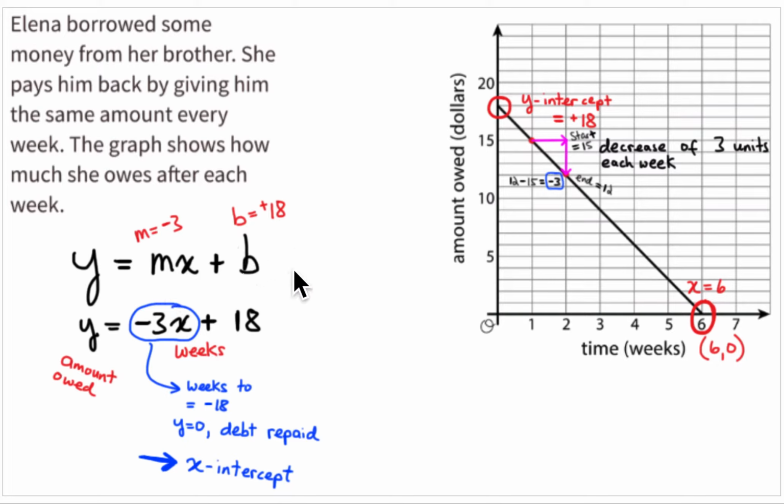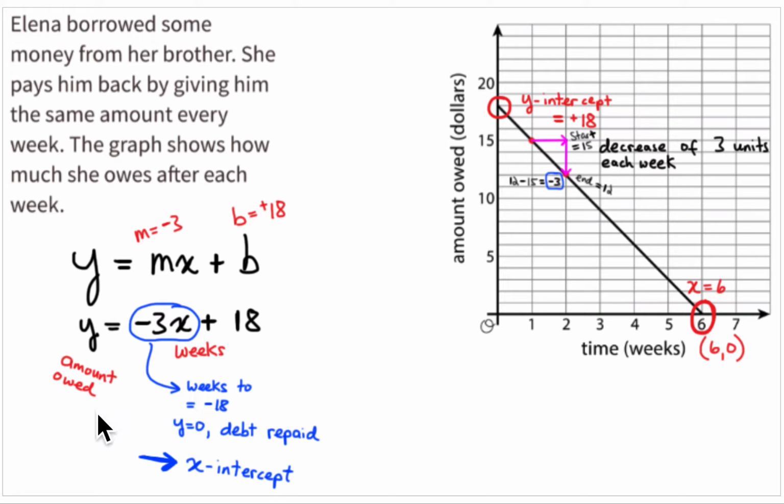And where does it begin? Where does it cross the y-axis? It crosses the y-axis at a positive 18. So the equation for this problem is y equals -3x, and x is the number of weeks, so it's -$3 for each week, plus $18 where Elena started, so she borrowed $18.